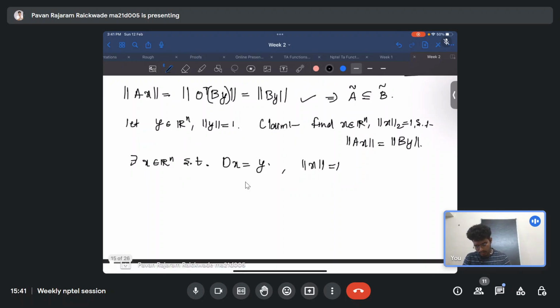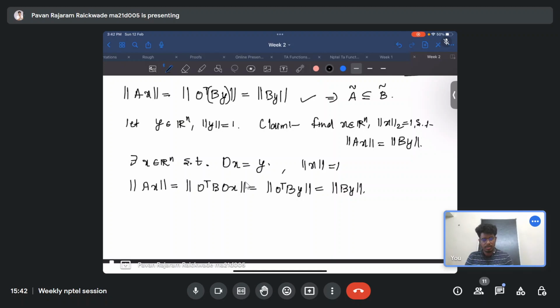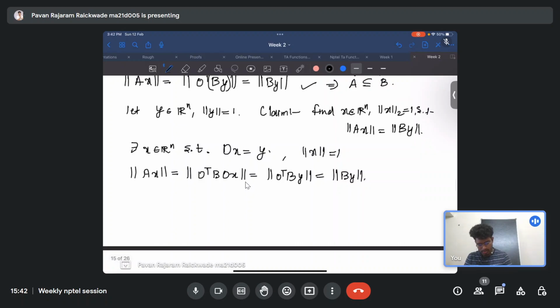Norm x is 1, and what will be the norm of Ax here? It is the norm of O transpose B Ox, and since Ox is y, and O transpose is orthogonal, this is the same as norm of By. So a simple proof, nothing much involved. This implies B tilde is contained in A tilde.